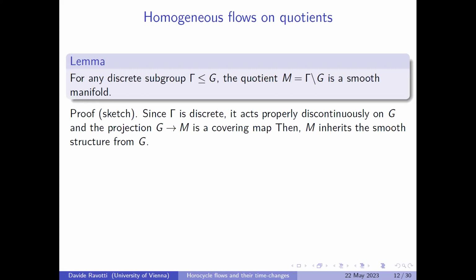So this means that the canonical projection from G to the quotient is a covering map. So since you have a covering map, you can define a smooth structure on the quotient just by composing with the local inverse of your projection. Does that make sense? This is a brief sketch, but I hope it's clear. So this space M is a quotient, but locally it looks like G.